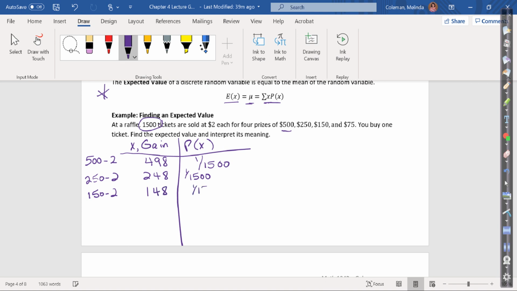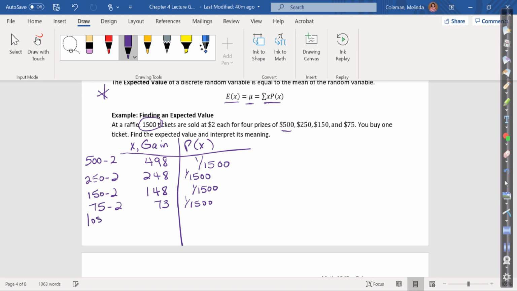There's only 1 ticket, so it's 1 over 1,500. Next one, there's 1 winning raffle ticket worth $75. So your net gain would be $73. And again, there's only 1 ticket. Now, the part we have to remember here is this is what happens when you win. So all of these represent winners.